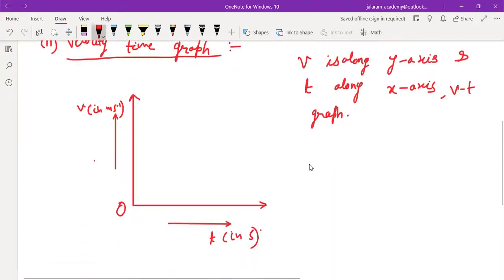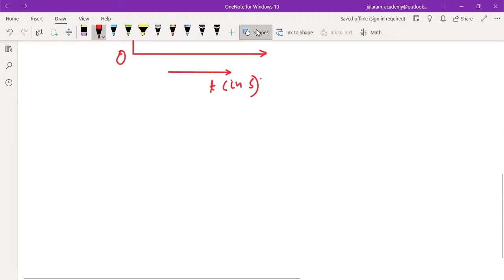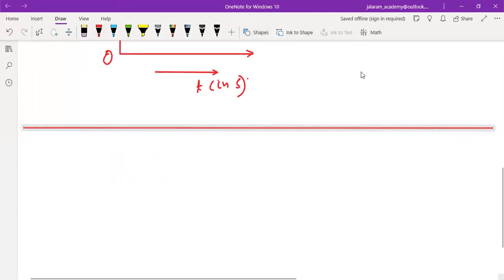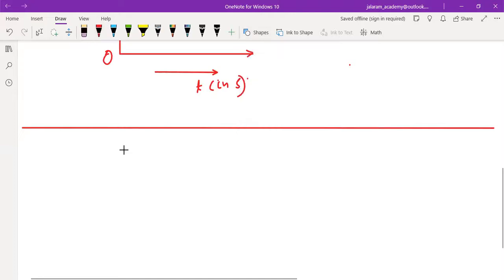So now through the velocity time graph, how will you find the velocity using velocity time graph? Now we will discuss how to find the velocity using velocity time graph.